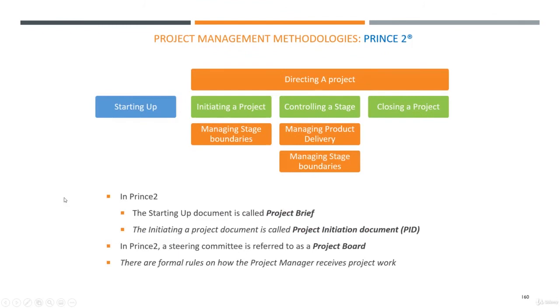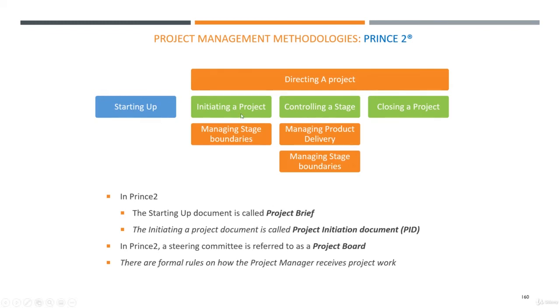So if we have a look here, for instance, I just wanted to really mention also the point of confusion, if you like, that the starting up, they call that a project brief. In PMP we call that the project charter.